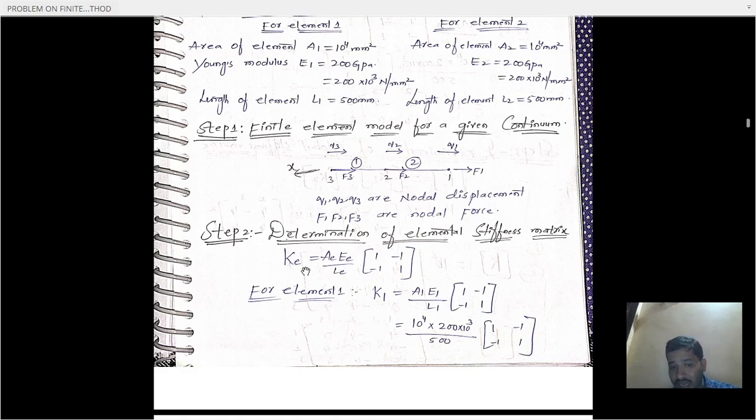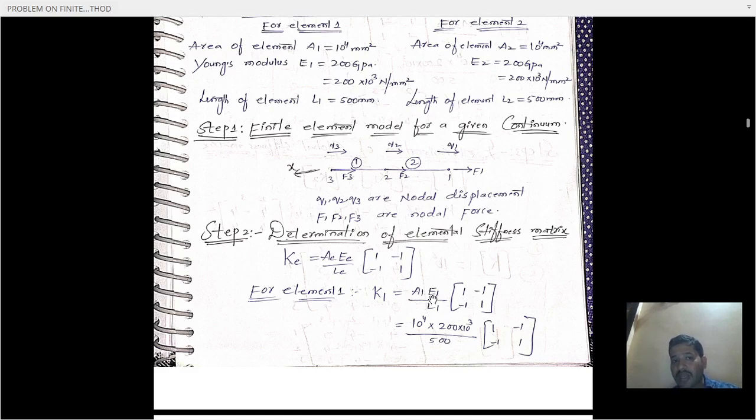Instead of Ke we represent K1, instead of AE we represent A1, instead of capital E we represent E1 by, instead of LE we represent L1, times [1, -1; -1, 1]. So A1 is nothing but the area of the element, how much is given? 10 power of 4.